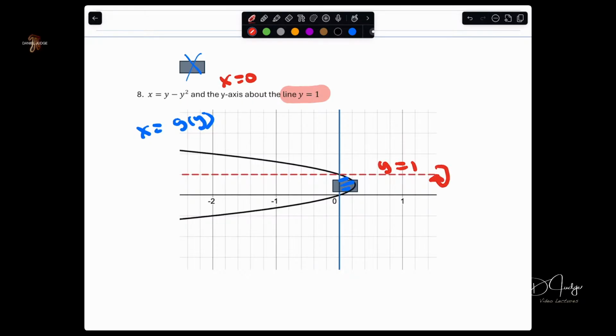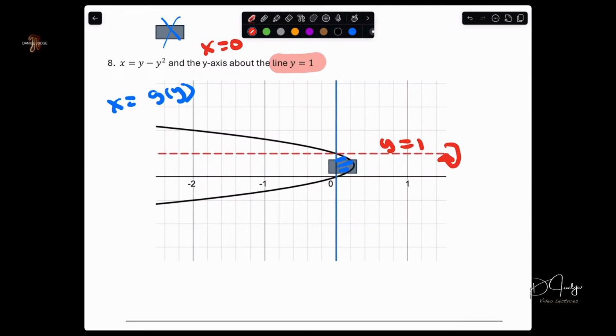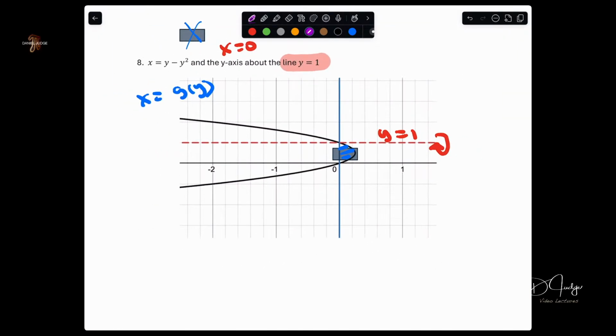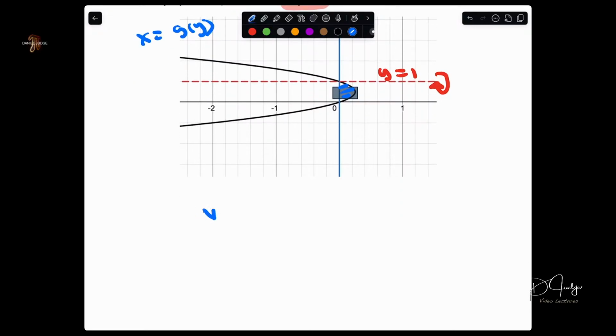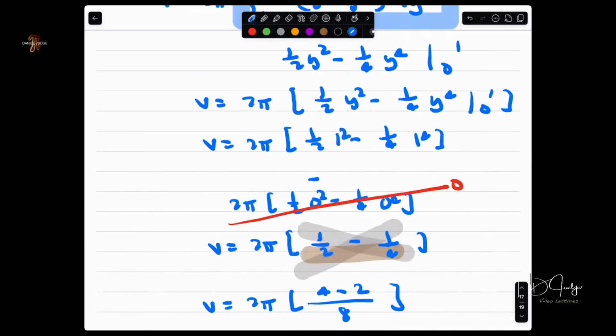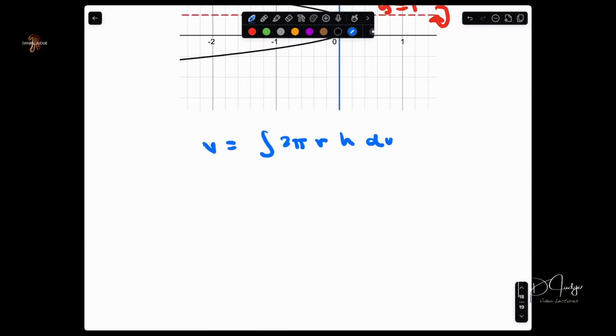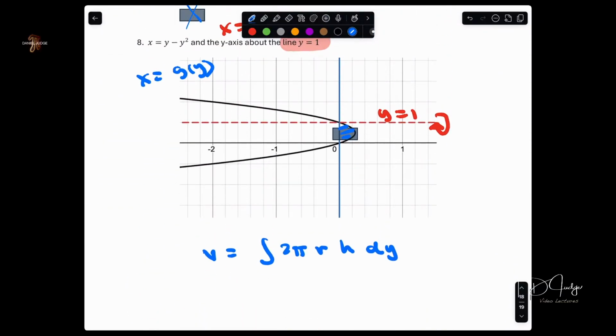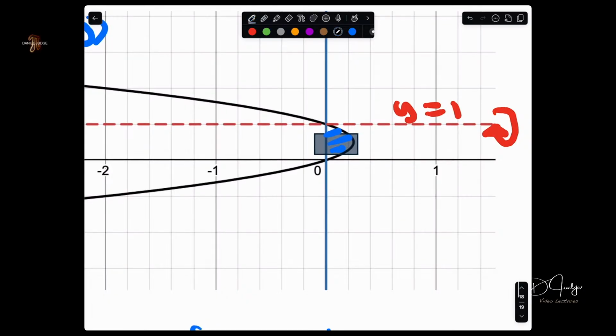Okay, so let's write down the formula. Now notice again, this looks to be 1.